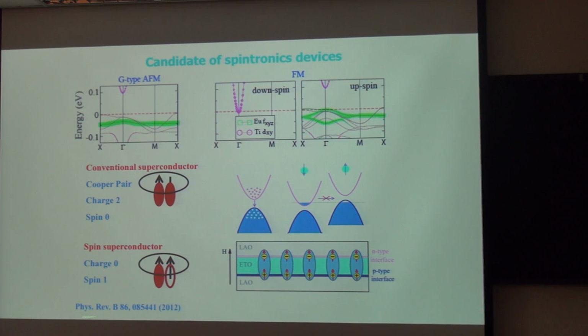In fact, it stems from a theoretical paper by Xie Xincheng and Sun Qingfeng at Peking University. It describes an exciton state. A conventional superconductor is composed of Cooper pairs with charge 2 and spin 0. But in their theoretical framework, they have a pair with charge 0 and spin 1.